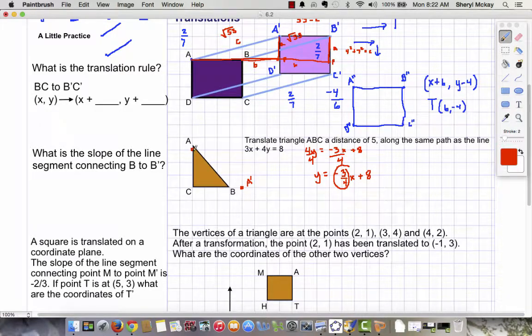So let's make this a right triangle right here and figure out what the distance of this hypotenuse is. So we know what A is, so we'll say that this is A, and A is 1, 2, 3, 4.